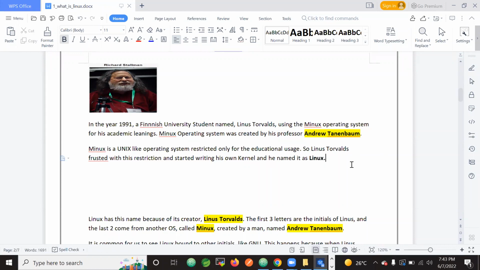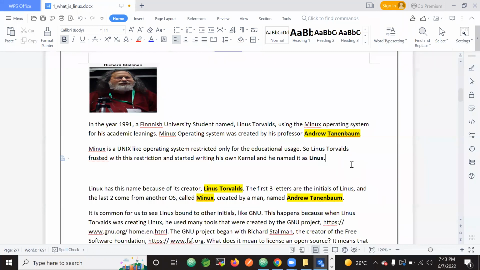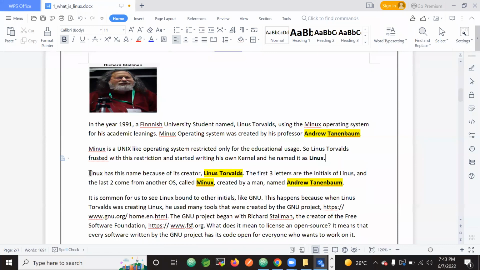Now there is also a history for this Linux name. It has this name because of its creator, Linus Torvalds.